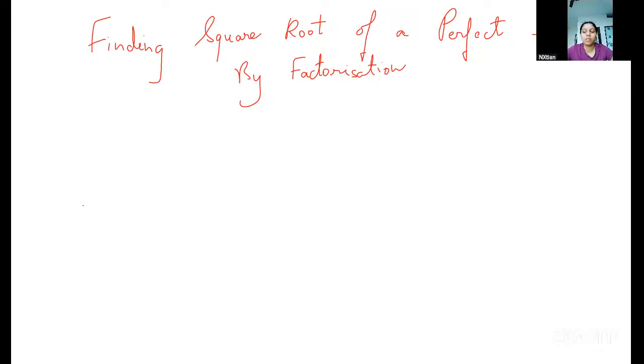It will not end up having a rational number or a decimal number. So it is completely divisible by its square. That is a perfect square number.